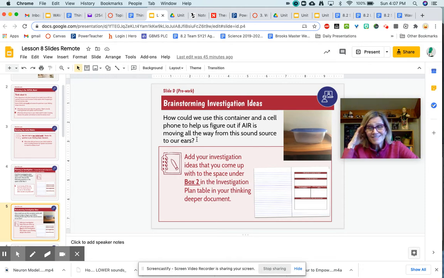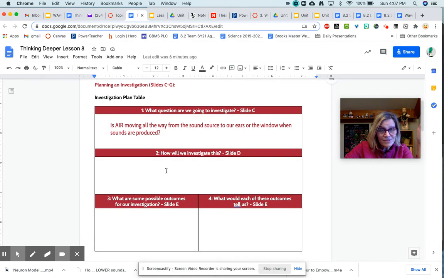What could you do with a cell phone and a Rubbermaid container to figure out if it's the air that is causing the sound in our ears? Take a minute to think about it, pause the video, and write your answers right here. Brainstorm it. Think about what you could do with a cell phone and a container to see if it's the air that is causing the sound to come to our ears. Pause and answer question 2.